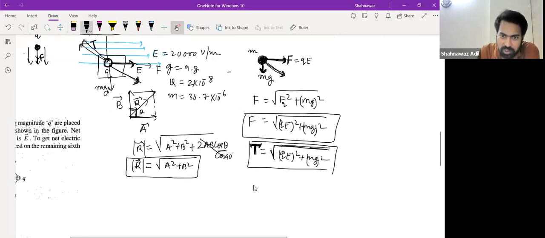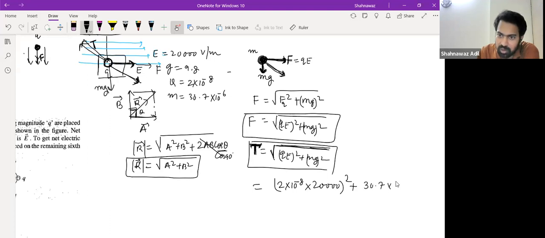So T would be: charge is 2 into 10 to the power minus 8, and into this is E, so E is 20,000, and square of that, plus mg, mass is 30.7 into 10 to the power minus 6 into 9.8, and then square of that.